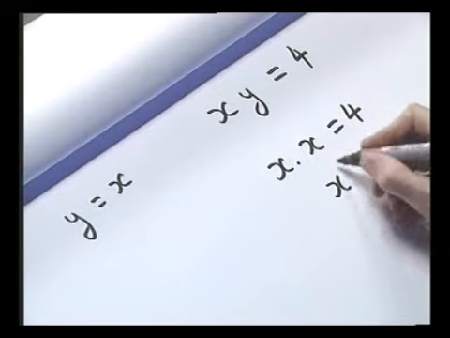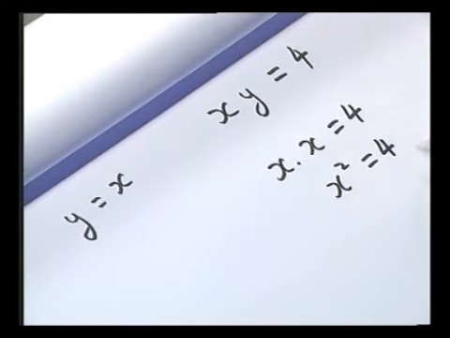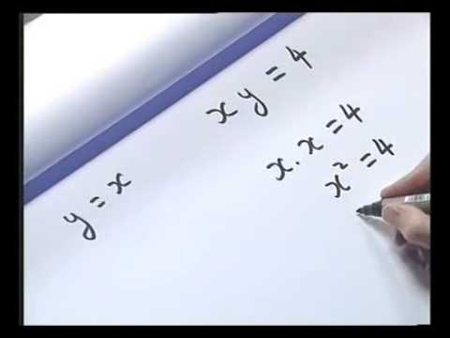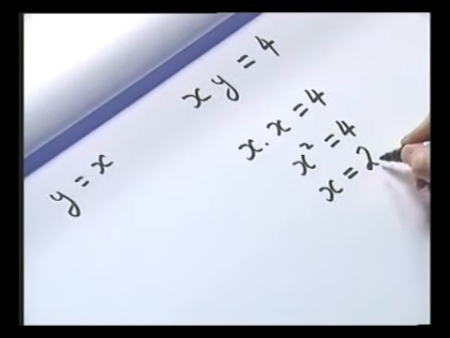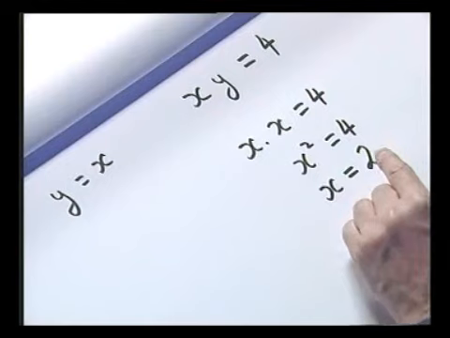In other words, x squared is equal to 4. And if I take the square root, that will give me the value of x. We might think that's just 2. But remember, when you take a square root, you get a plus and a minus. So we have x equals 2 or minus 2.